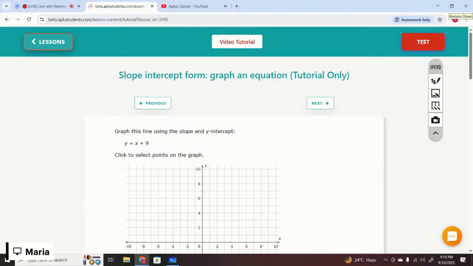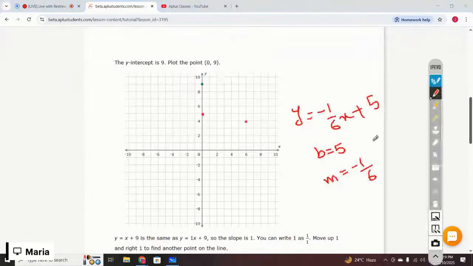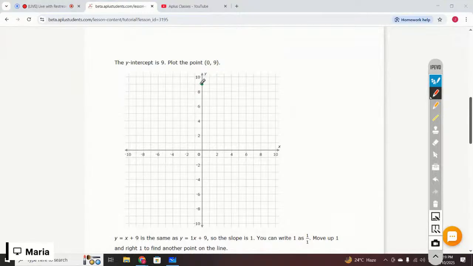So the y-intercept is 9 and the slope is 1. So here is the y-intercept. Move up 1 point and right 1 point.